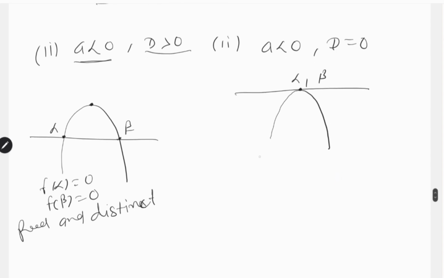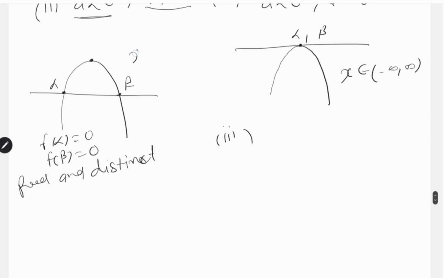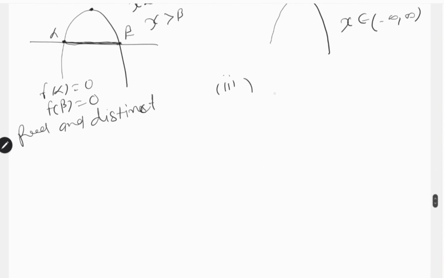And the third condition, there are x belongs to minus infinity to plus infinity, and there are x is less than alpha and x is greater than beta.